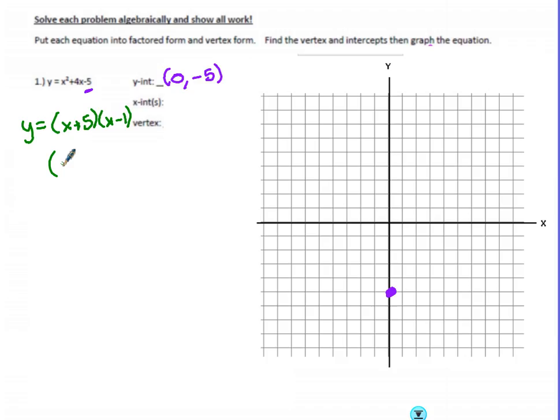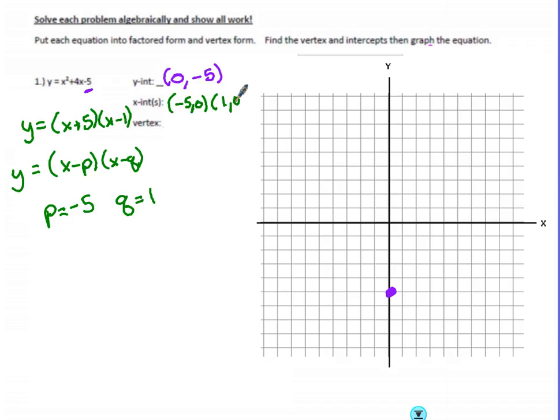And again, we're looking at x minus p, x minus q for factored form, which means the p value is negative 5, and the q value is 1. It doesn't matter which one you call p, which one you call q, they're both the same in essence because we can alternate them. Which means our two x-intercepts are negative 5, 0, and 1, 0.